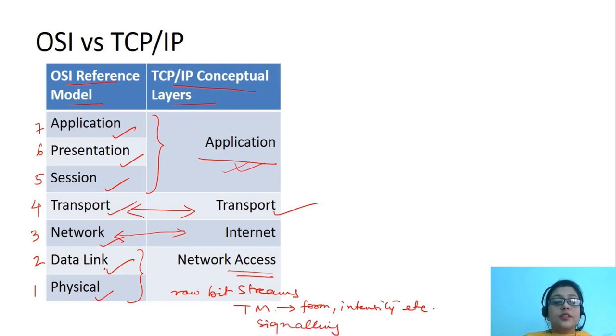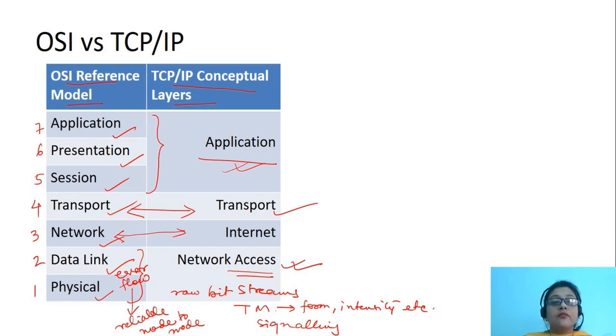And also the data link layer performs the error checking and flow control, and this happens for reliable data transmission from node to node. So all the functionalities of the data link layer and physical layer of the OSI model are performed by the network access layer of the TCP IP model.